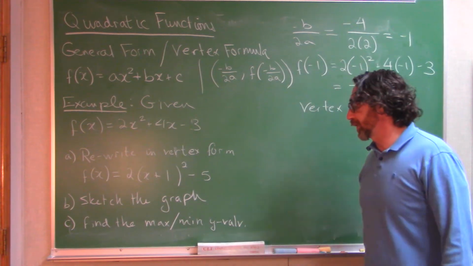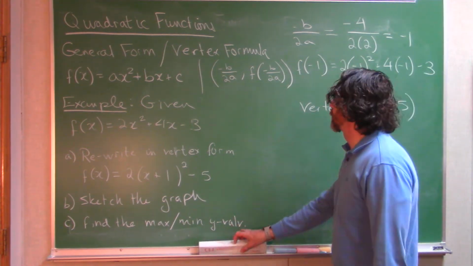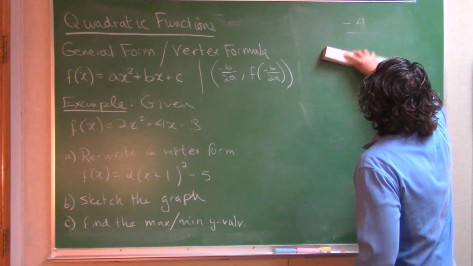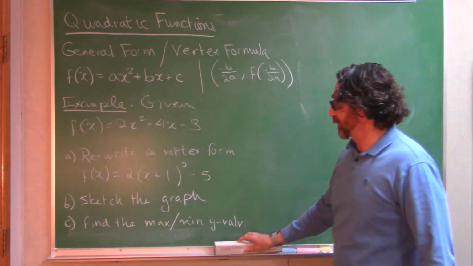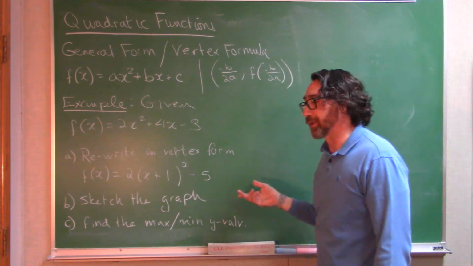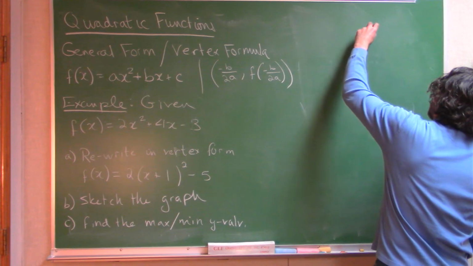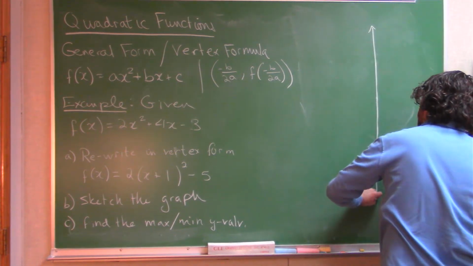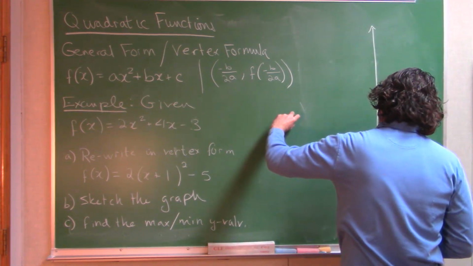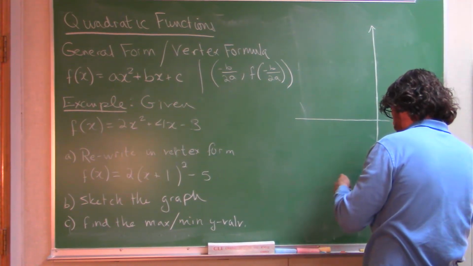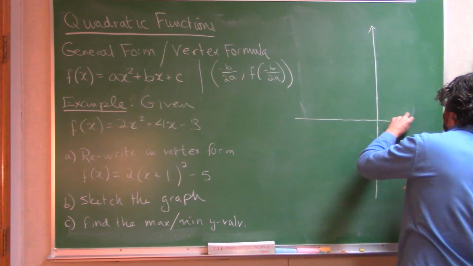All right, next thing I'm challenged to do is sketch the graph. I need a little space. Now, once I've got it in vertex form, this is a breeze. You remember from last time. I'll draw myself a little grid.